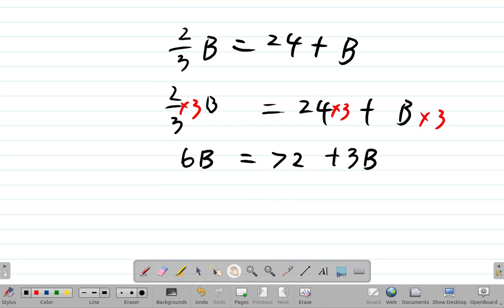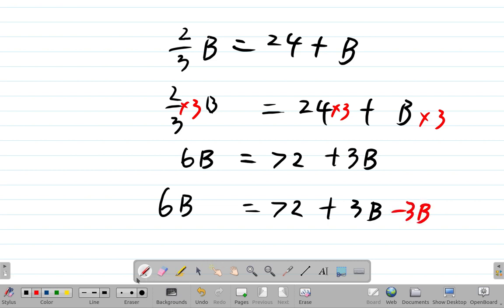If we subtract 3b from both sides, we're going to have 6b equals 72 plus 3b. We're going to minus 3b from the right. When you minus 3b from the right, you're going to have 72. No more 3b's on the right.